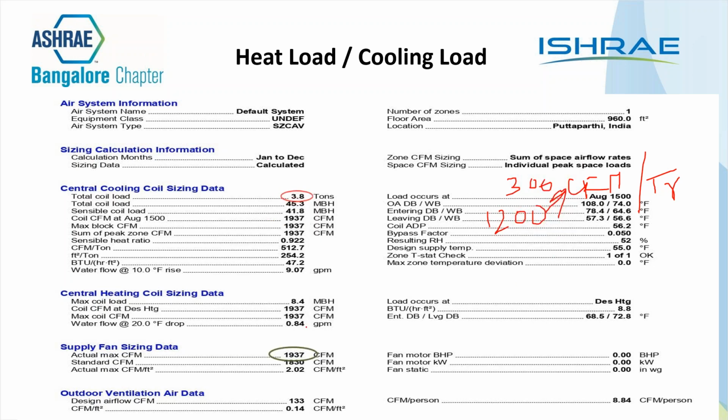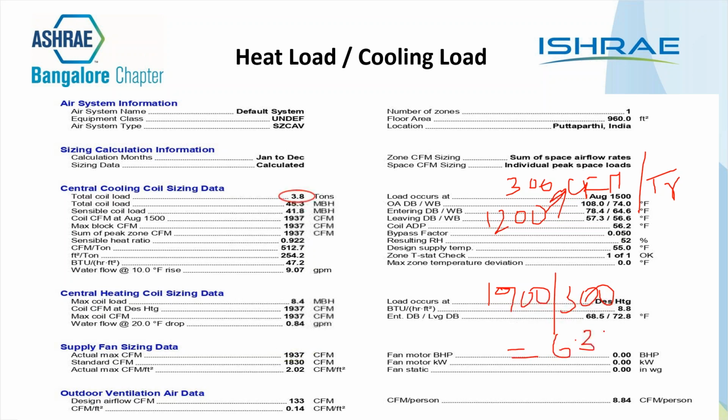Now, our requirement here is 1900 CFM. Let me divide 1900 by 300. 1900 divided by 300 CFM per ton gives me about 6.3 tons.